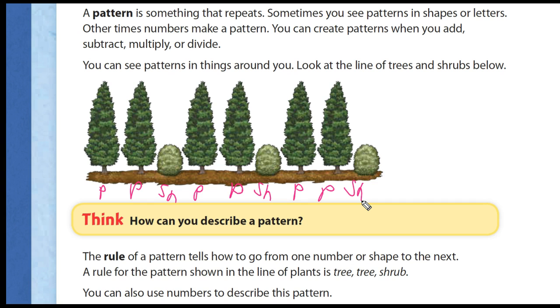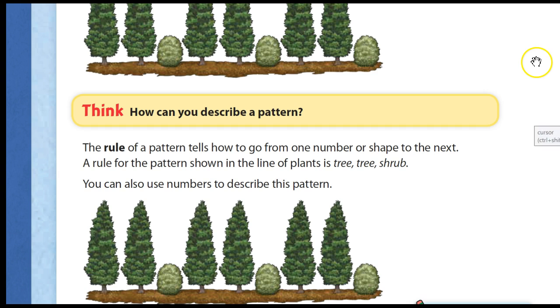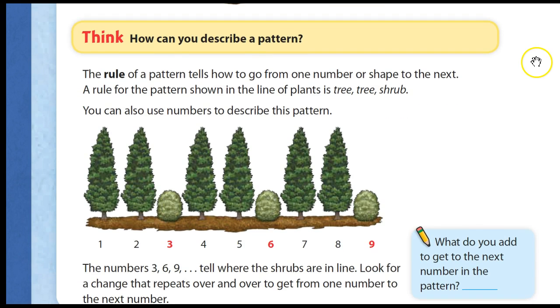Okay, how can you describe a pattern? Well, there's a rule. Move this up a little bit. It says the rule of a pattern tells how to go from one number or shape to the next. The rule for the pattern shown in the line of plants is tree, shrub. Or in this case, we said pine tree, shrub, pine tree, shrub.